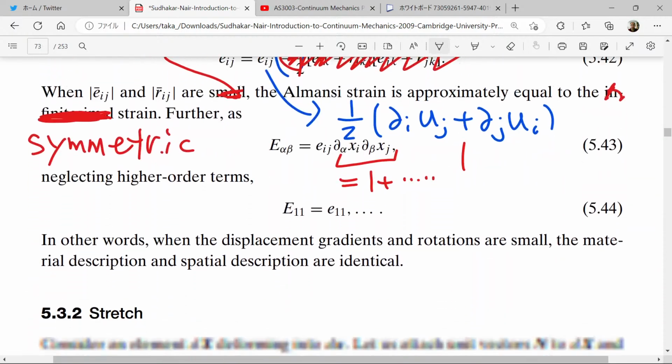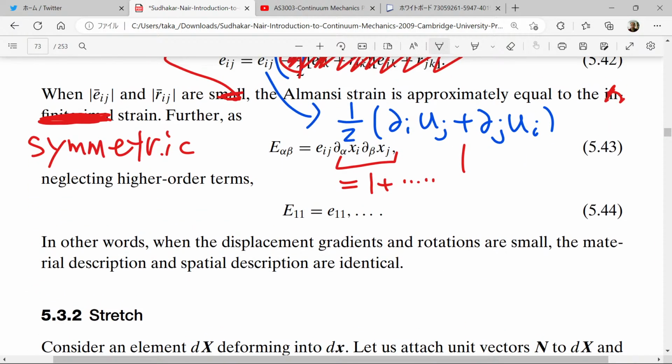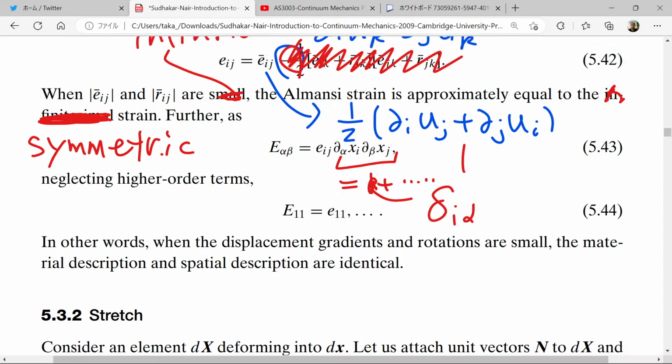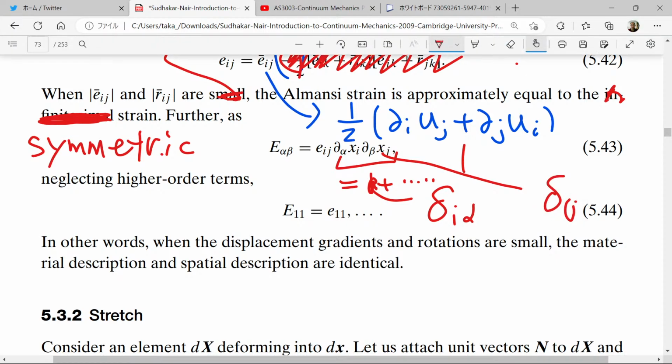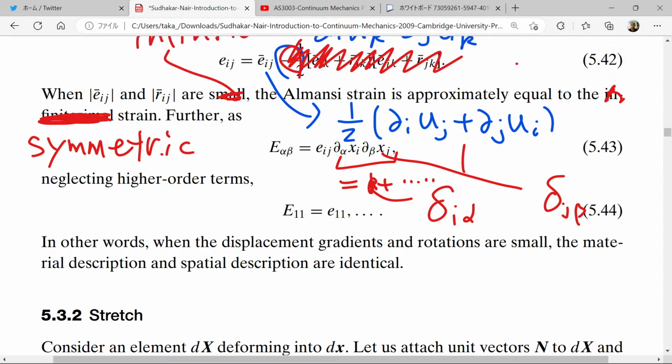So neglecting higher order terms, 1 is because this is a delta function. This is like delta i alpha, for example. And there is a delta function here too, delta j beta. There is a summation convention.